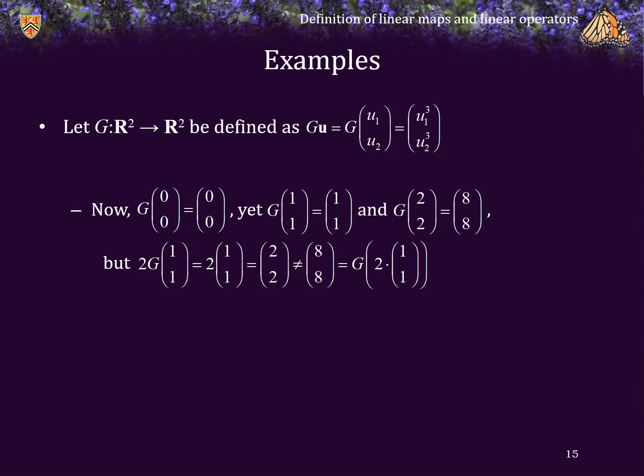But twice G of 1, 1 is equal to twice the vector 1, 1, which is equal to 2, 2. And that is not equal to the vector 8, 8, which is the image of G of 2 times the vector 1, 1 under the mapping G. Thus, this mapping G is not linear.